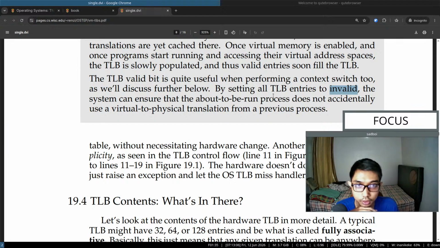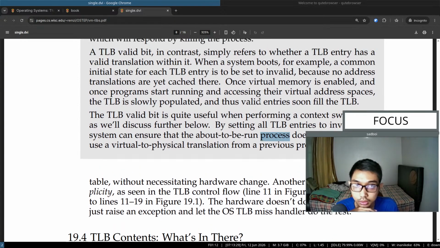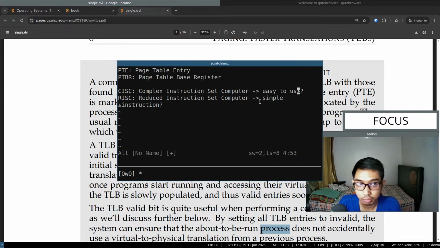So that the lifetime of translation lookaside buffer entries is until the process finishes. Is that it? I'm not sure. But yeah, this is something to keep in mind.